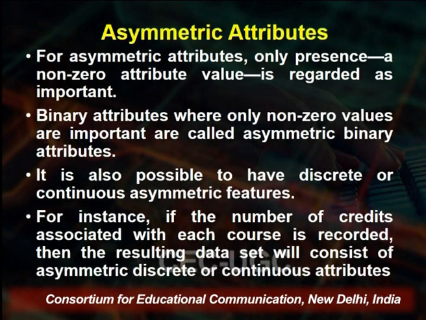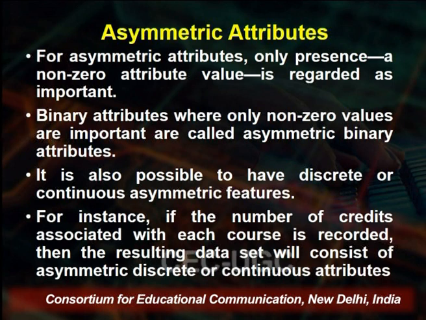The next type of attributes are the asymmetric attributes. Asymmetric attributes have a very typical feature, that is, we are only interested in the non-zero values. The presence of a non-zero value in the attribute is regarded as important.